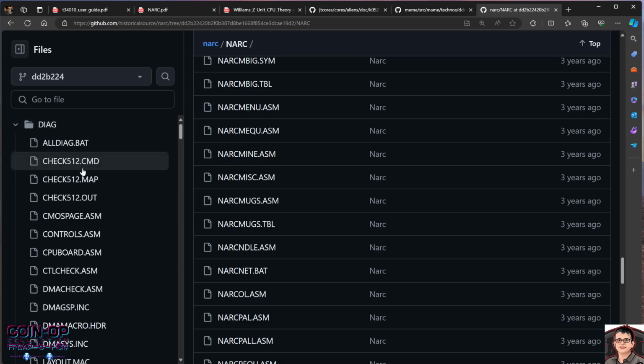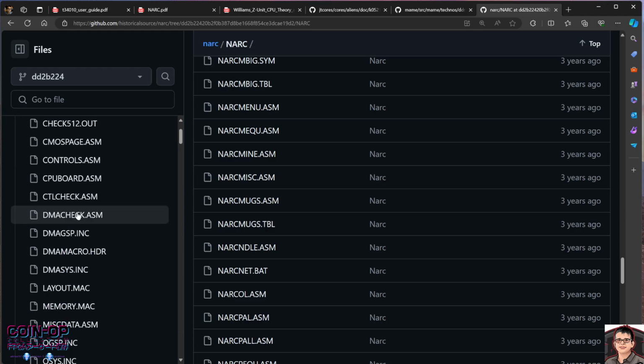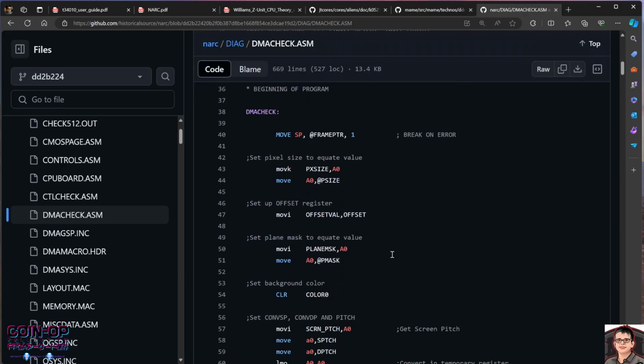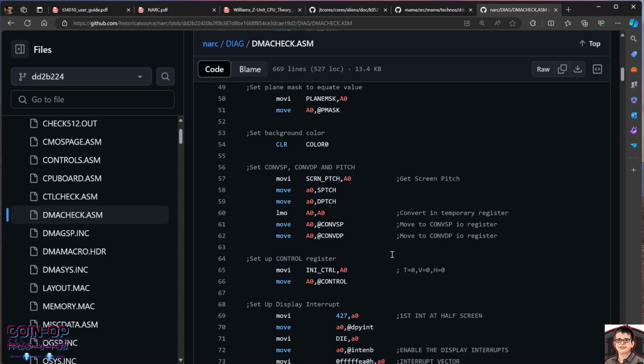I used it to understand the DMA chip more, because a lot of this platform is software driven, and that was very interesting at the time. At the time you had boards with hardware sprites, right?